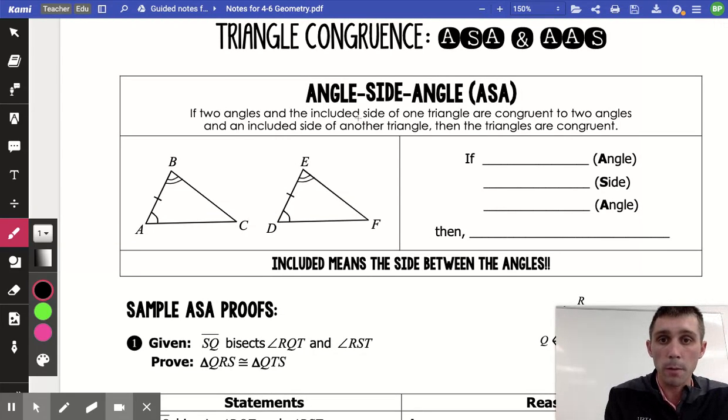So another way to prove triangles are congruent is if two angles and the included side of one triangle are congruent to two angles and the included side of another triangle, then the triangles are congruent.